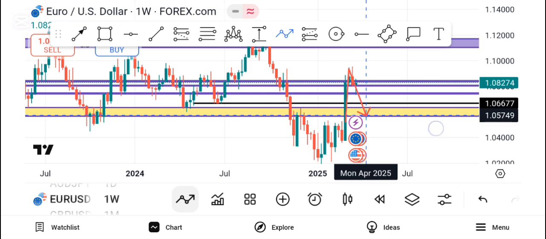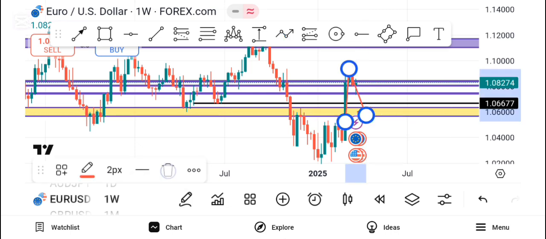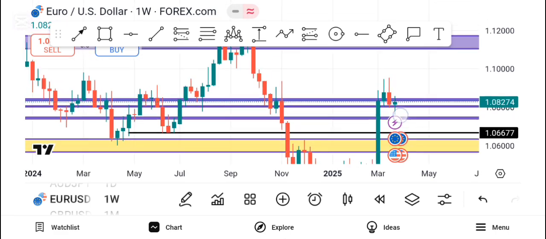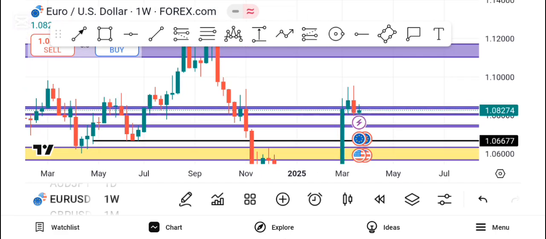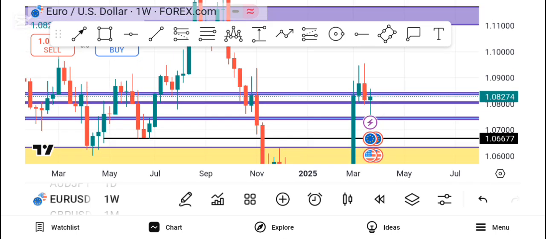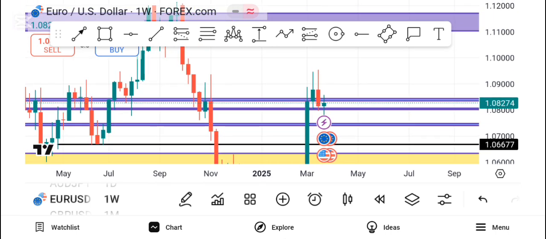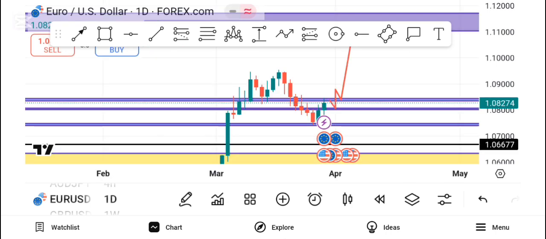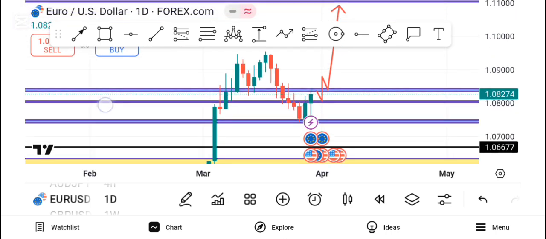Based on what I can see, we are not going to have a higher low. Why do I say so? You can see a very bullish pin bar over here, showing buying pressure. Some people even call it a hammer. So we expect more buys to the upside on Euro USD this coming week, which is from 31st of April.